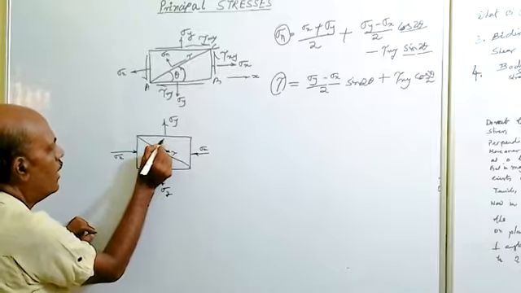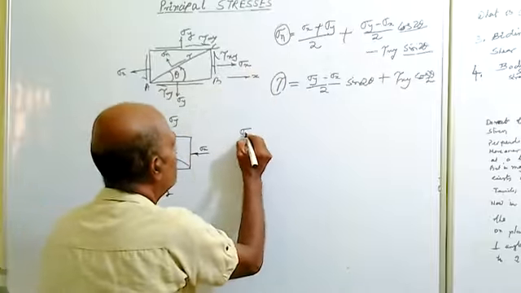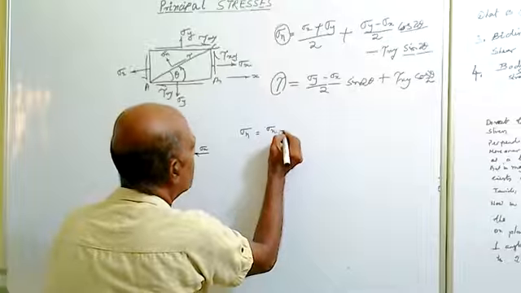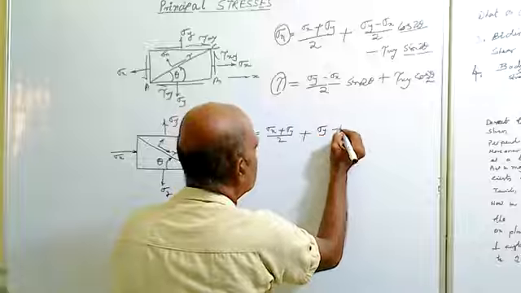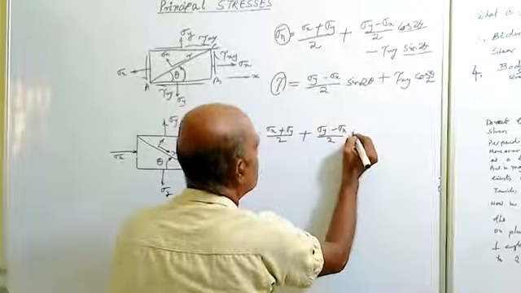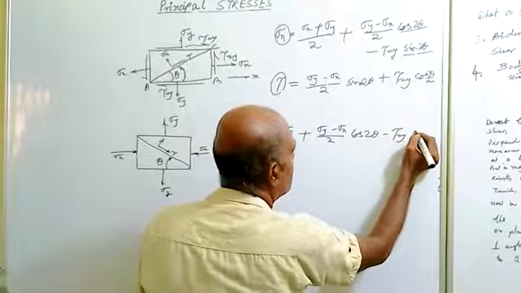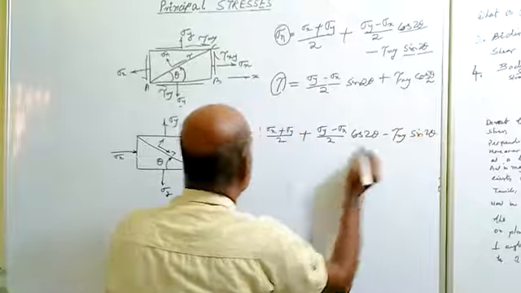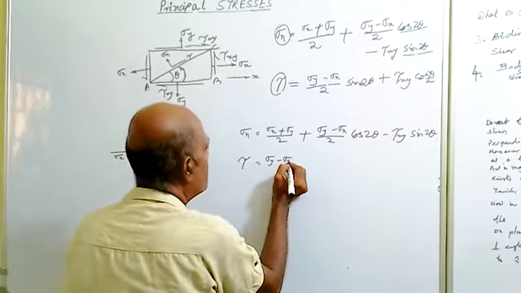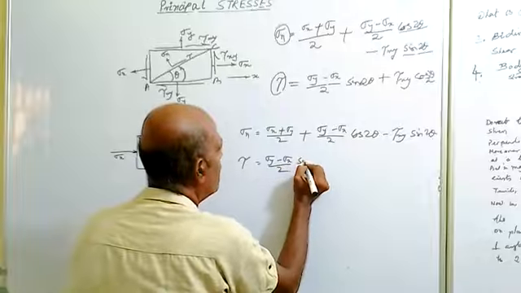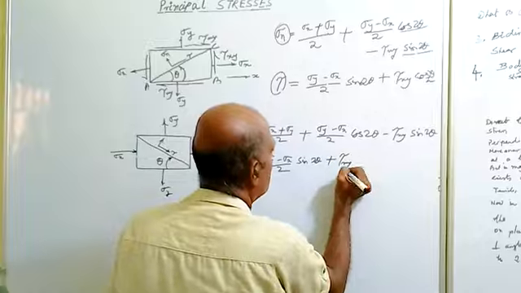To get the formula, we will write for this case: sigma n is given by (sigma x plus sigma y)/2 plus (sigma y minus sigma x)/2 cos 2 theta minus tau xy sin 2 theta, and tau is given by (sigma y minus sigma x)/2 sin 2 theta plus tau xy cos 2 theta.